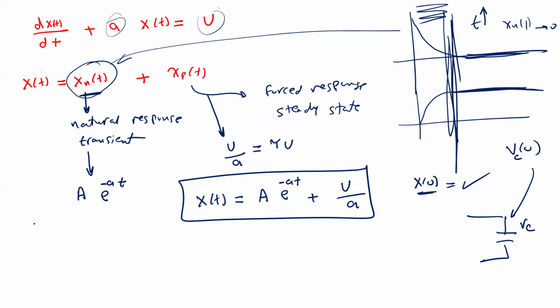So if I plug in here, x of 0 should equal A times e^(-a times 0) plus U divided by a. Using this, I can say A should equal x of 0 minus U divided by a.